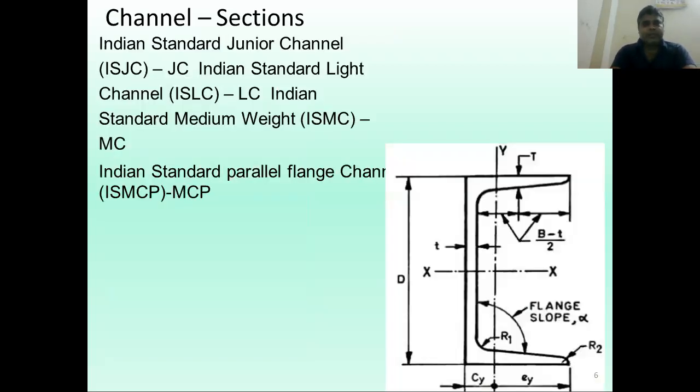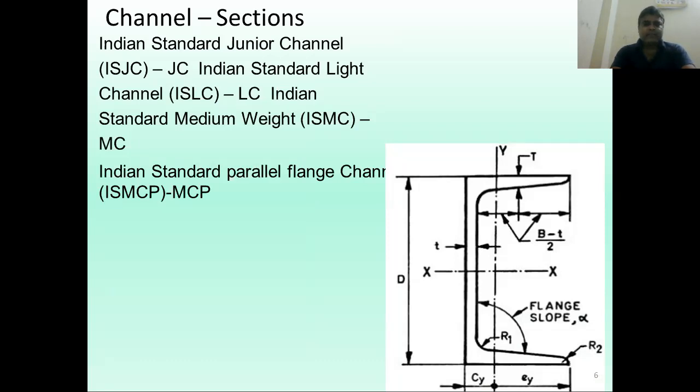Now, channel sections: Indian Standard Junior Channel, that is ISJC; Indian Standard Light Channel, that is ISLC; Indian Standard Medium Weight Channel, that is ISMC; and Indian Standard Parallel Flange Channel, that is ISMCP.